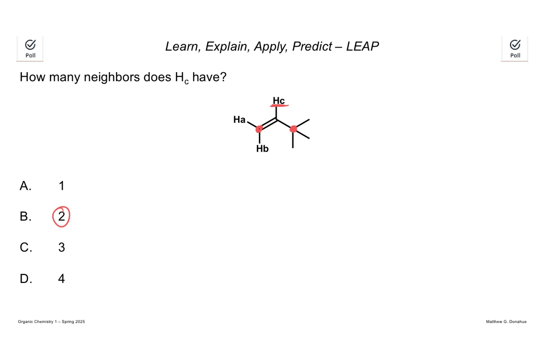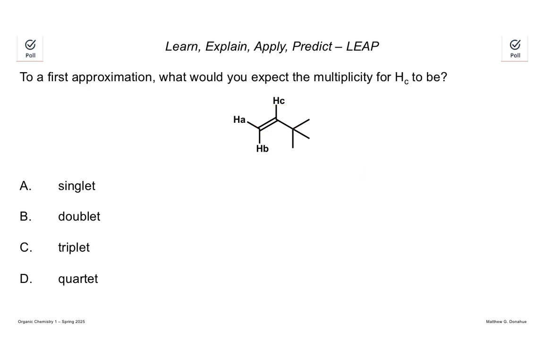But now again, the issue is that bond does not rotate. So to the first approximation, we said 2 neighbors. So 2 plus 1 equals 3. Triplet.